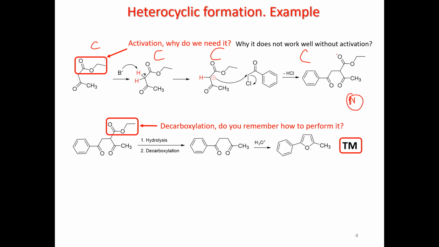You don't start from the furan itself because you will never be selective. If you have anything like that, don't start with the furan thinking that at some point you will introduce the phenyl ring and at another point the methyl group. No, you need to form it with the phenyl and methyl substituents already in place, because the furan is mildly reactive and you will have a horrible mixture of compounds.